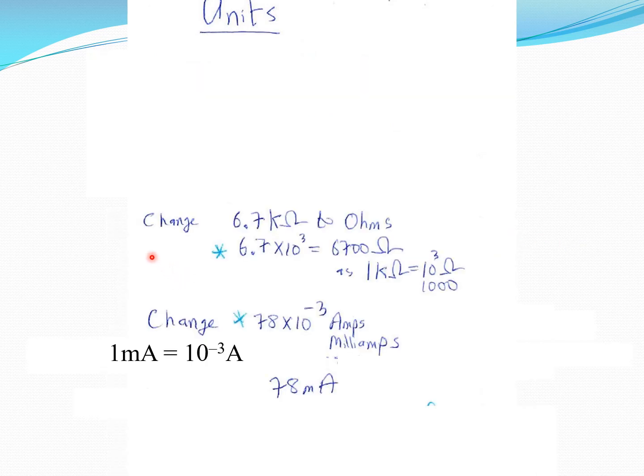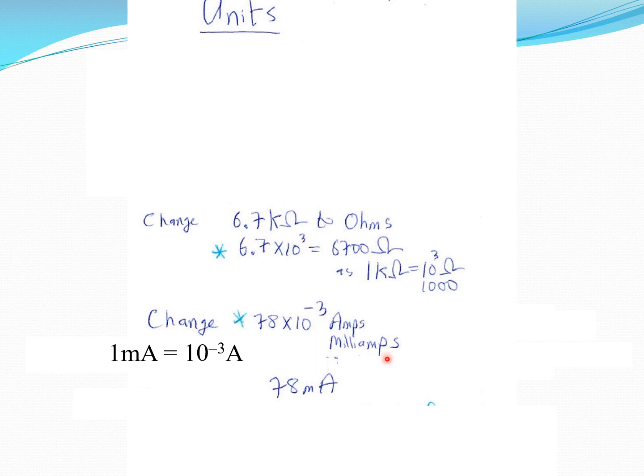Okay, so here we want to change 6.7 kilo ohms to ohms. 1 kilo ohm is the same as 1,000 ohms, or 10 to the 3 ohms. So 6.7 kilo ohms is equal to 6.7 by 10 to the 3 ohms. Change 78 by 10 to the minus 3 amps to milliamps.